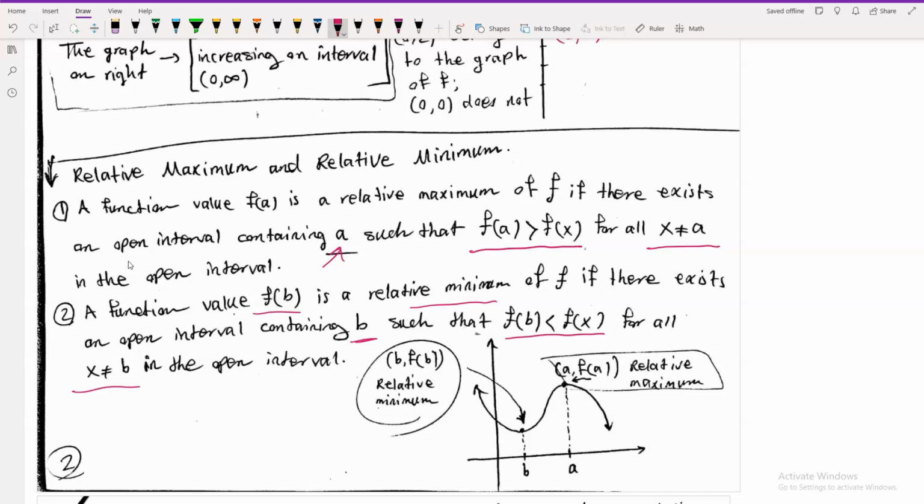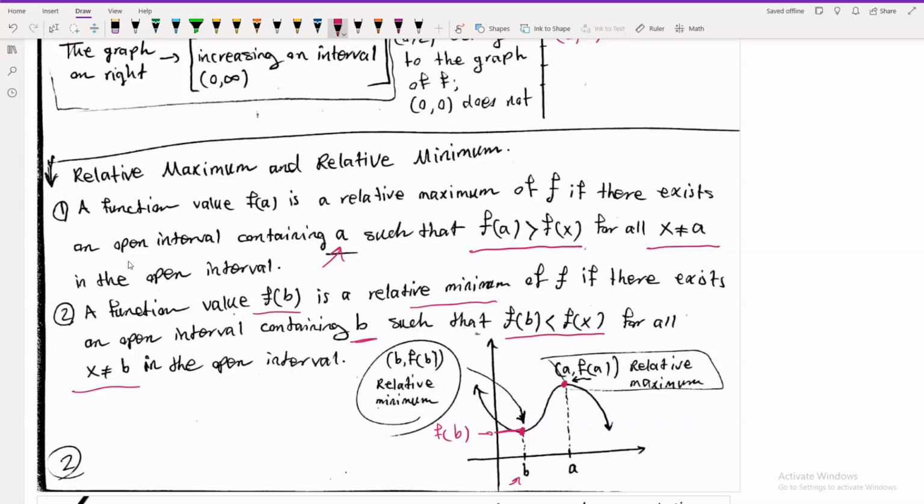So based on this graph, when x is b, the value that we have for y is f of b. So the point that we have here on this graph is the relative minimum of our function.